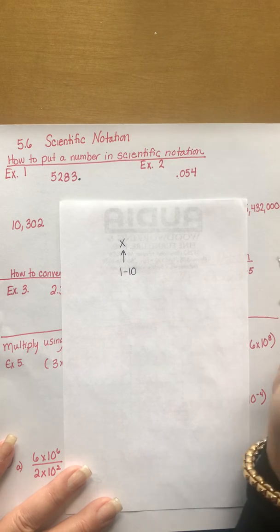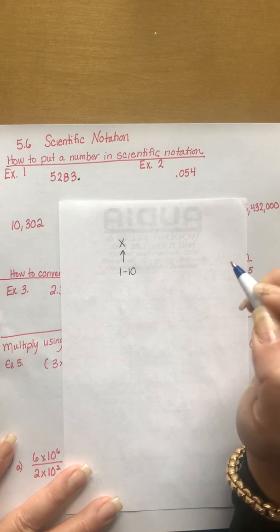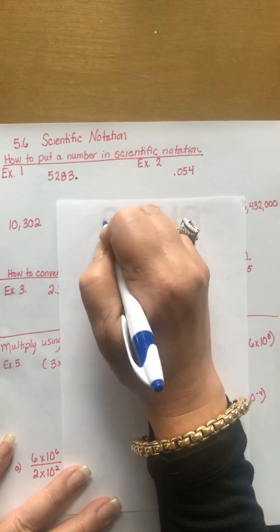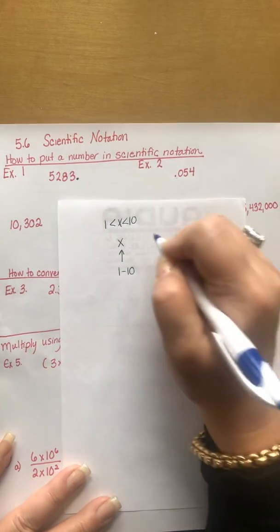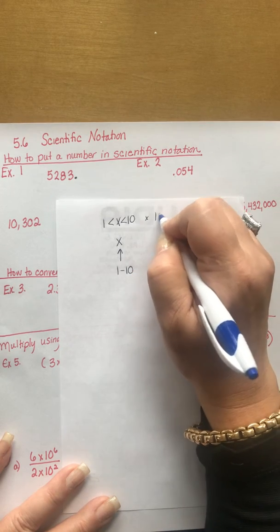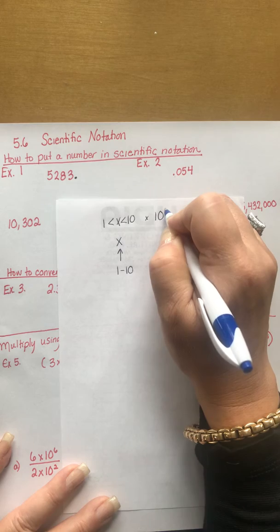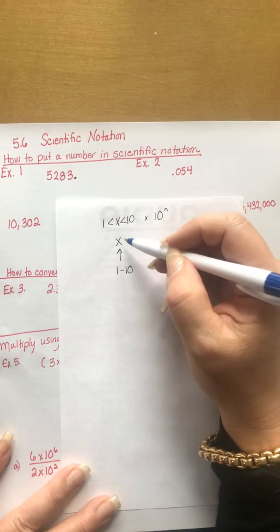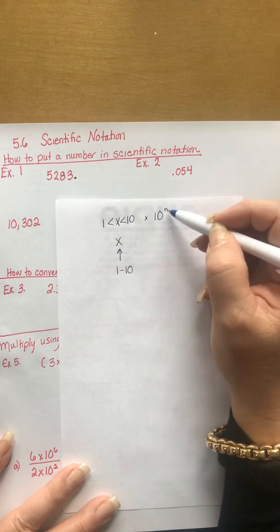So we'll say x is less than 10, but greater than 1. And then it's going to be times 10 to a power. So it consists of 2 parts, a number and then times 10 to a power.